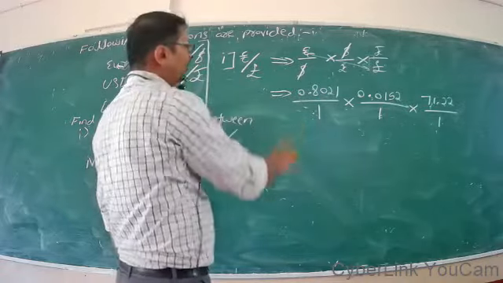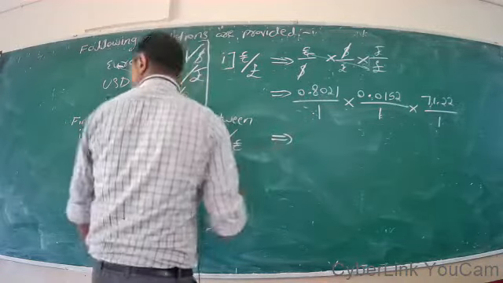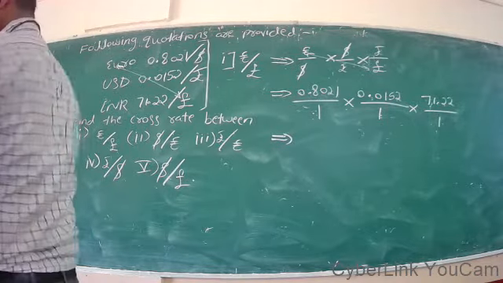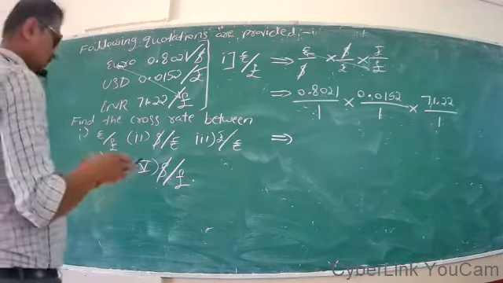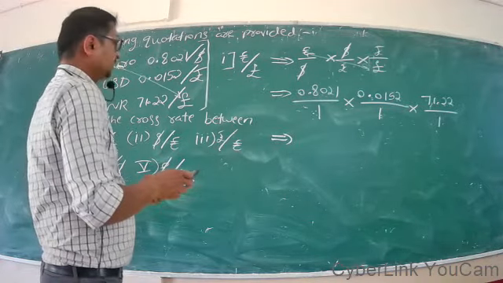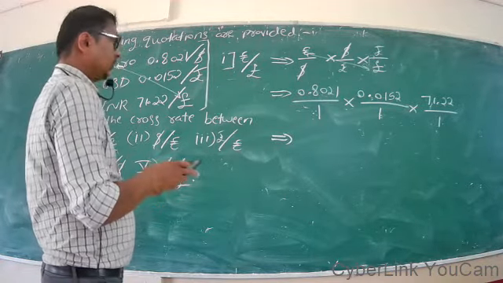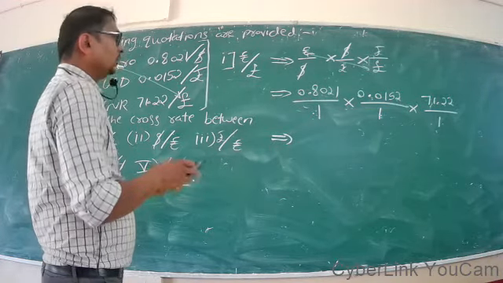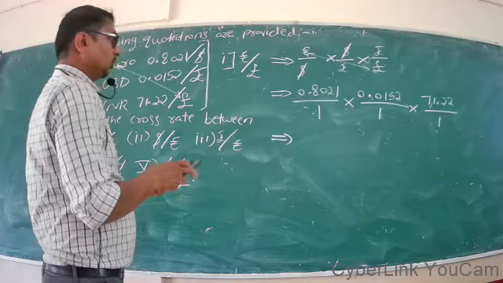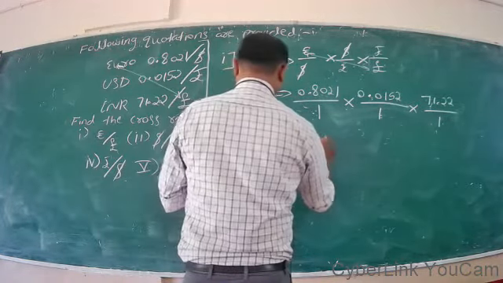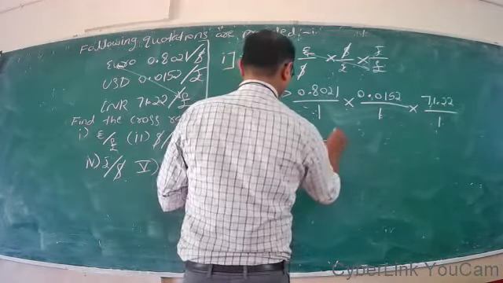That's why I have written it as 1. So the answer will be 0.8021 into 0.0152, that should be multiplied by 71.22. So 0.8683.